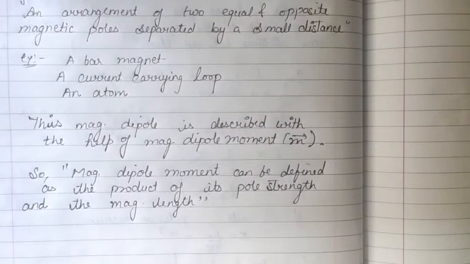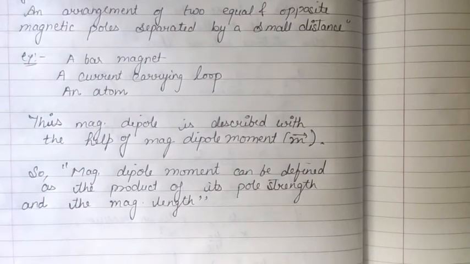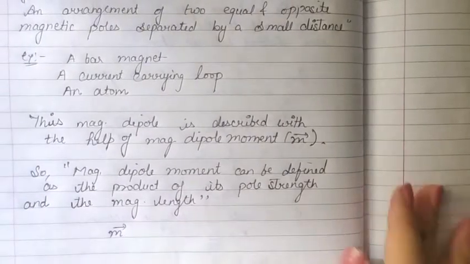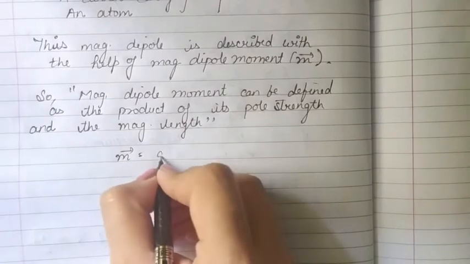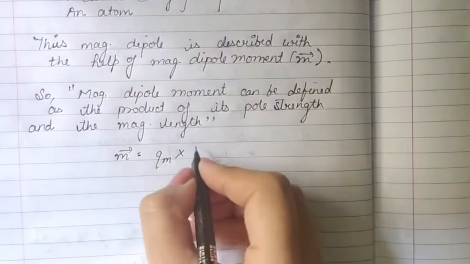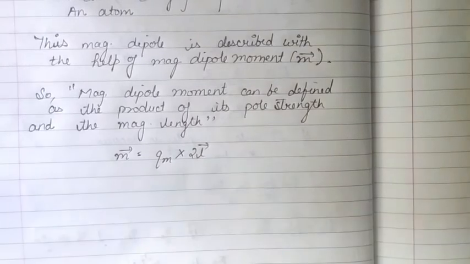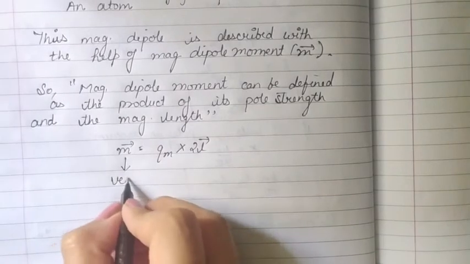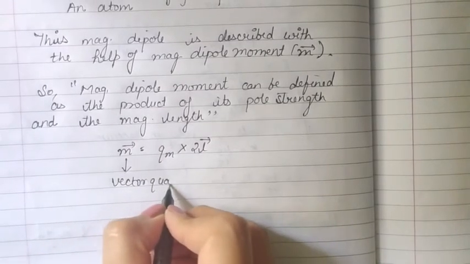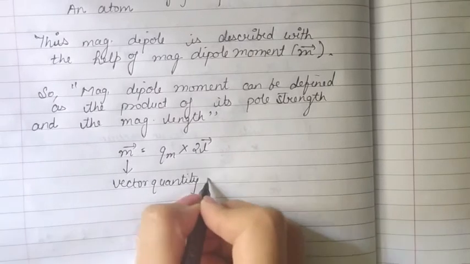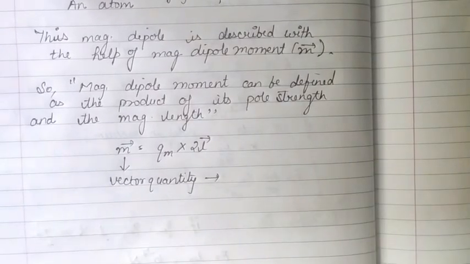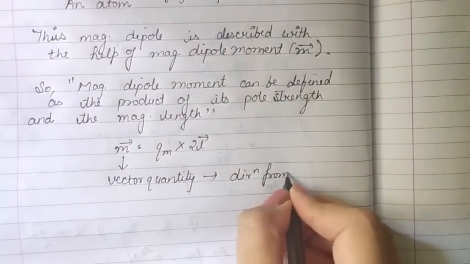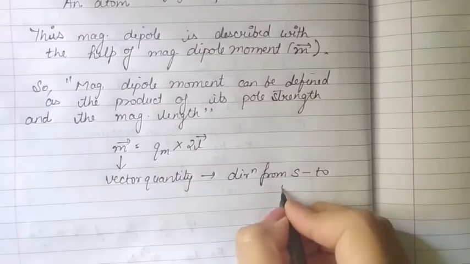It is represented by m vector, and mathematically it is given as m vector equals qm into 2l vector. The m vector is a vector quantity, and its direction is always from the south pole to the north pole.